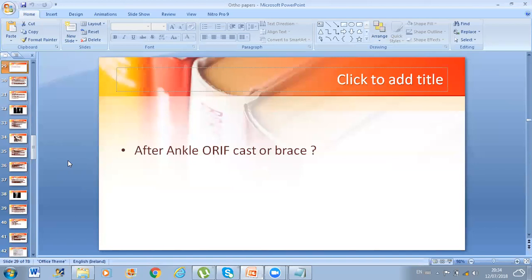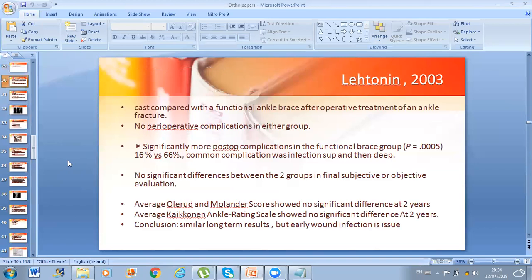Okay, this is the answer over here. You are right, back slab is better. I will show you the answer. Yes, this is Latton in 2003. Cast compared with functional ankle brace after operative treatment of ankle fracture. No perioperative complication in either group, so it does not matter.